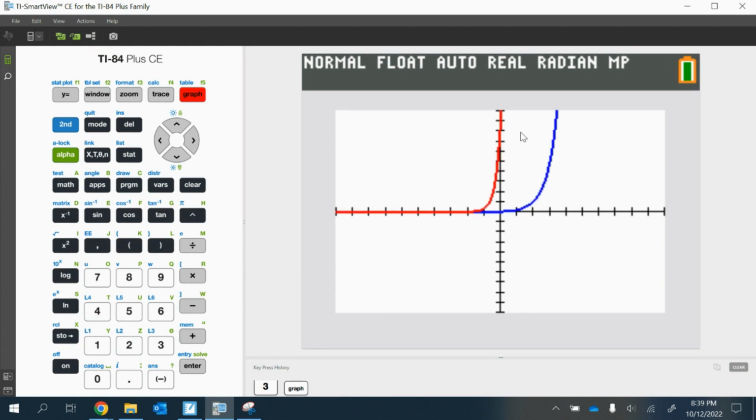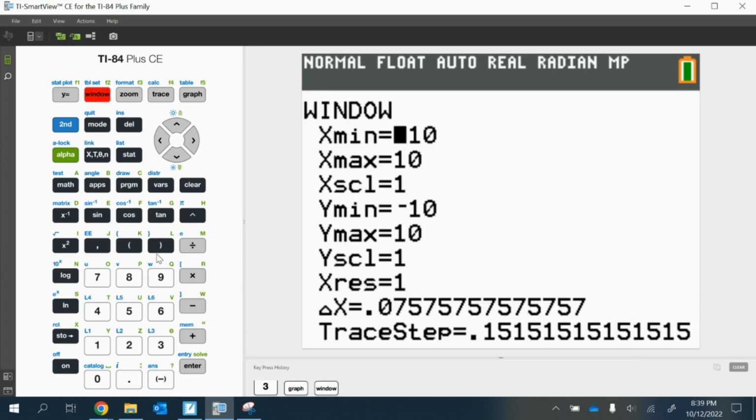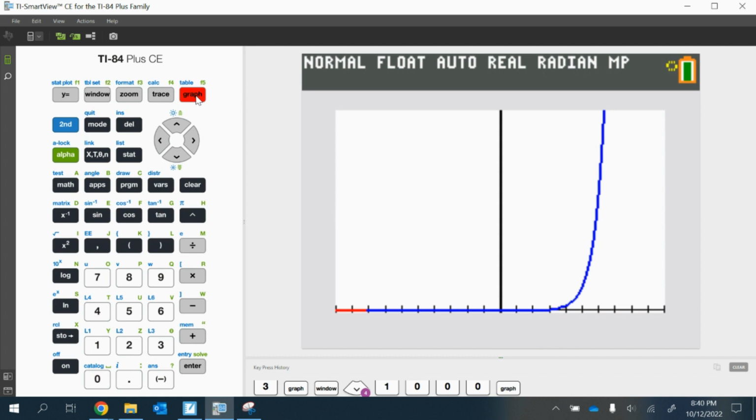And then we realize, oh my goodness, this is not going to cut it because I can't find the intersection anywhere. So what I would have to do is change my window, and that's clearly going to be very, very high up there. So let's try 1,000. And that's still not going to get it done.